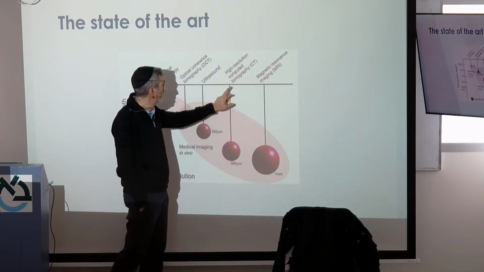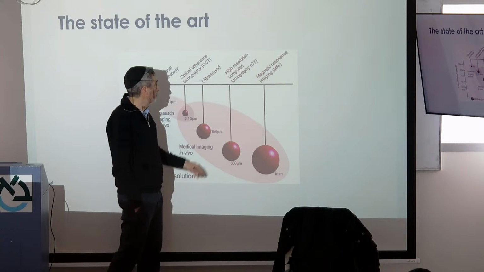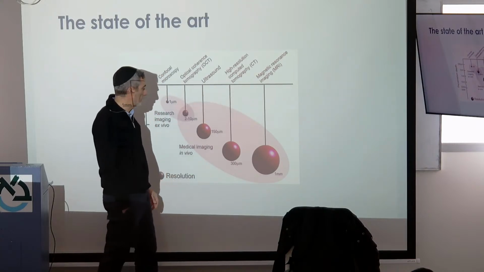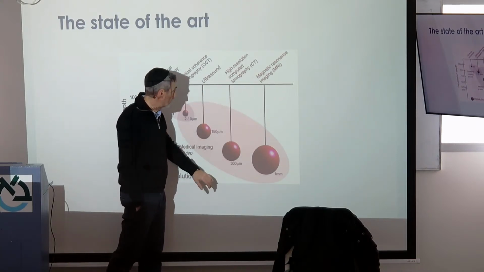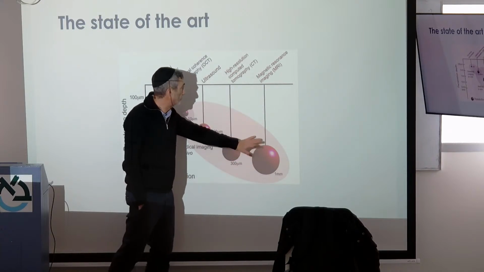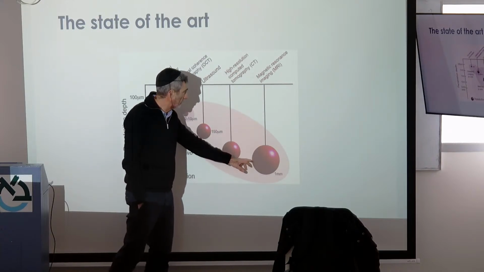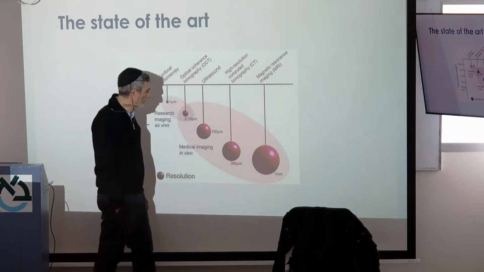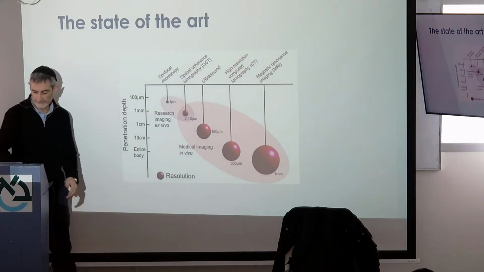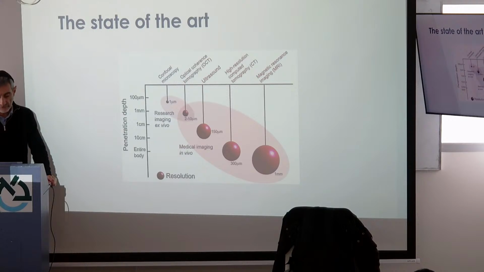Then you have high resolution computed tomography, so this is CT, you are familiar with that, 200 microns, and when you go to MRI, you have a resolution of about a millimeter. So those are the best techniques actually used to image.